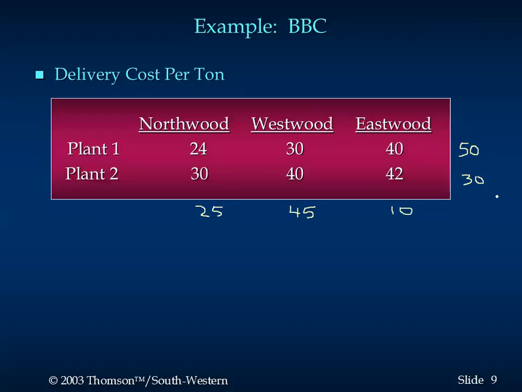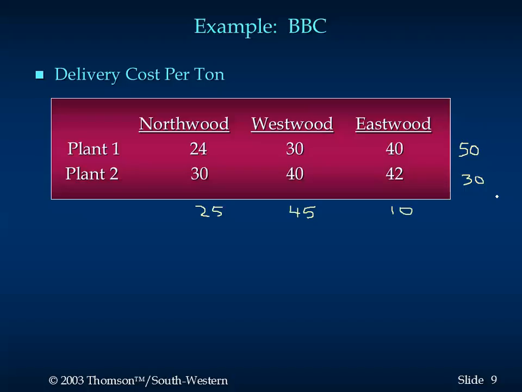We can think of this as simply how many units to be allocated in each of these 6 cells, with row totals equal to 50 and 30, column totals equal to 25, 45, and 10. And these are the costs, these are not allocations. So we need to give allocations to these 6 cells so that row and column totals match with minimum total cost. Now, one way of doing that is to look at low cost cells.